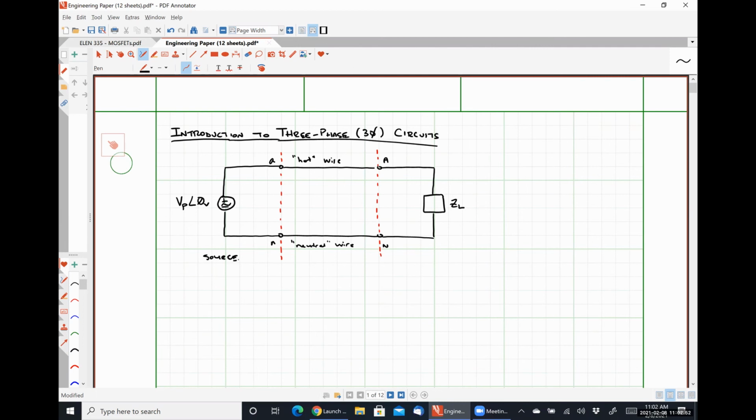So we have our source side. Here in the middle, transmission lines. And over here, on our load side. All right. So we have a simple system like this. One thing that I'm keen to point out is that ground doesn't show up here. Okay, ground is tied usually to the neutral somewhere outside of our system.